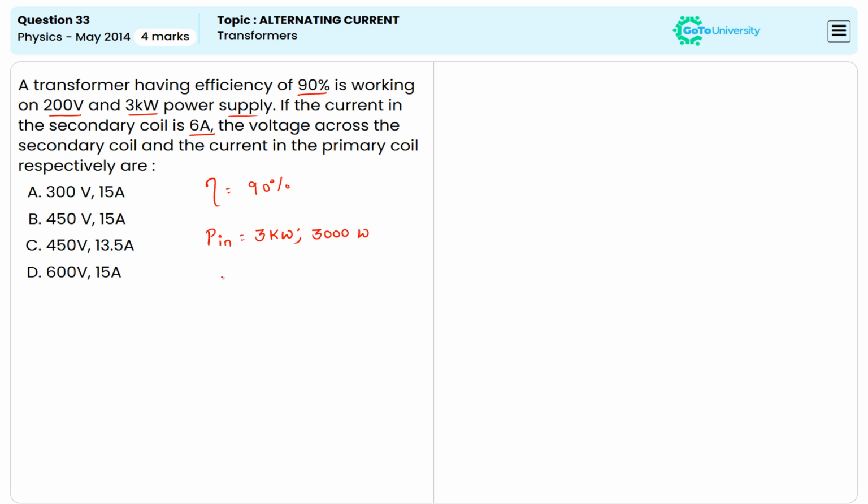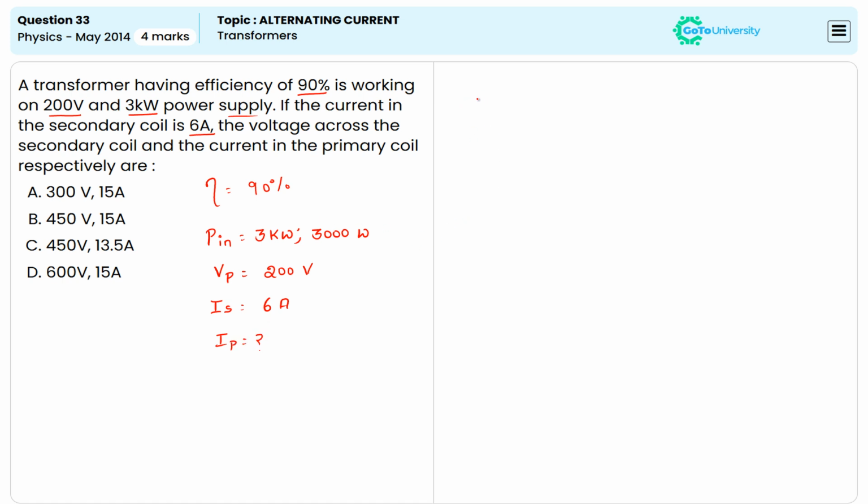And the voltage Vp is equal to 200 volts. The secondary current is given as 6 amperes, and the primary current Ip we need to find.